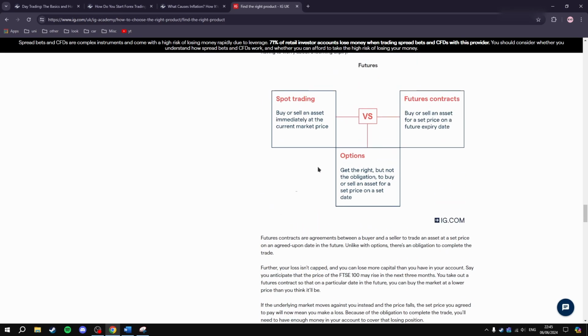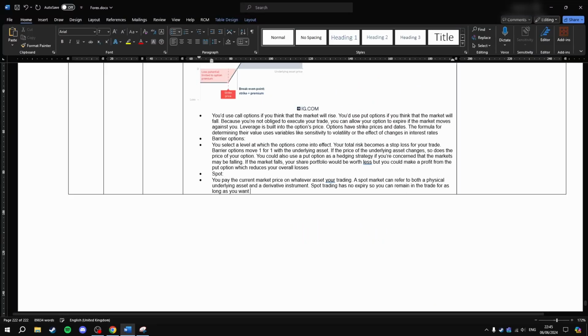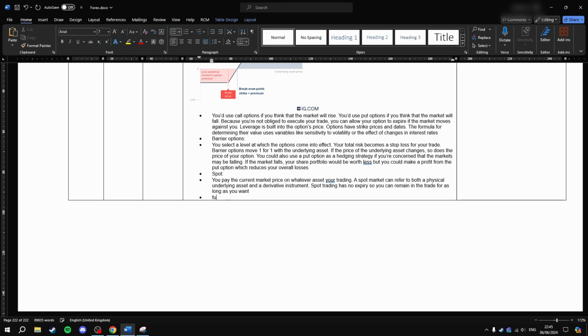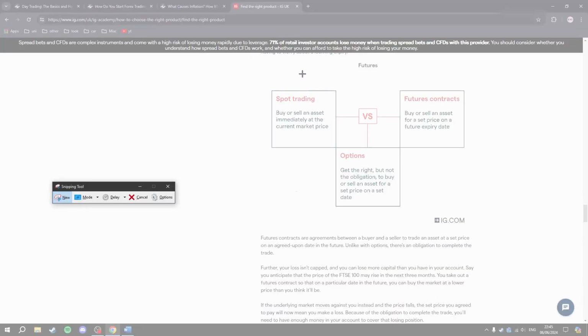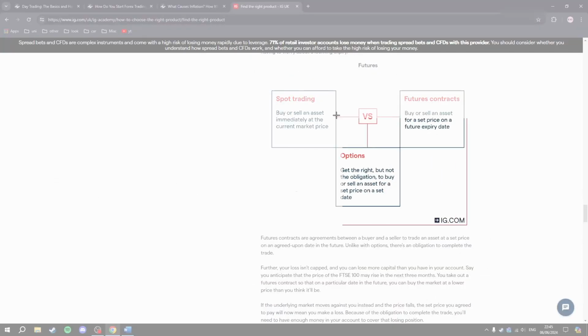Right, okay, futures. Very cool diagram here.